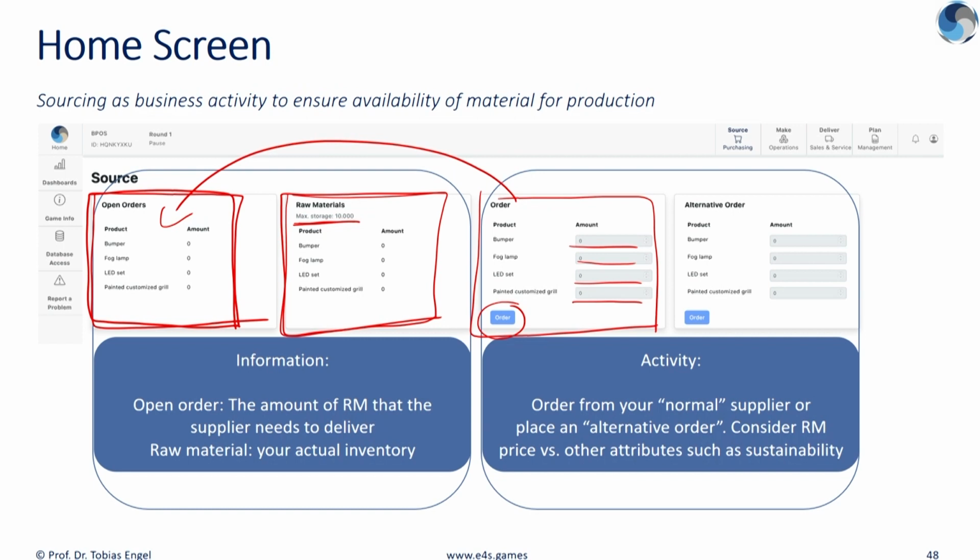And depending on the instructor, you will have the option for alternative orders. That's an alternative supplier. And here it's the same. You can type in how many products you want to order from your alternative supplier. However, please also check that mostly the alternative raw materials have a higher price than the normal raw materials from your normal supplier.